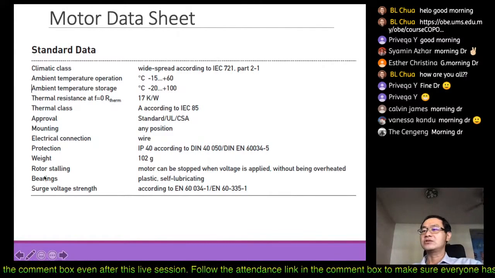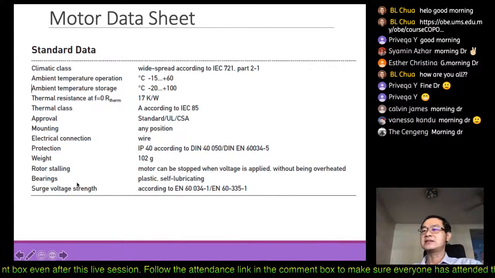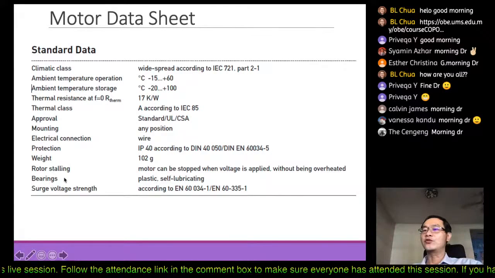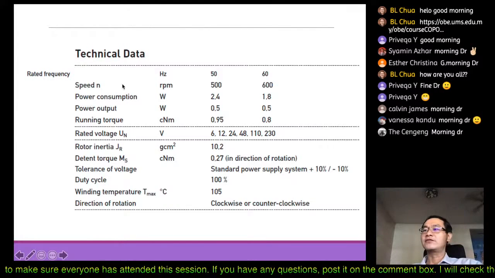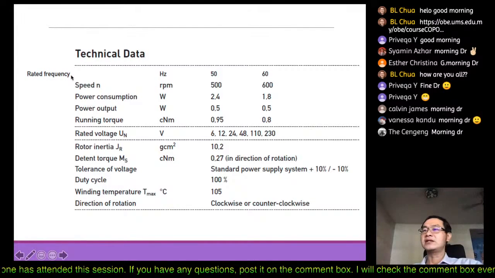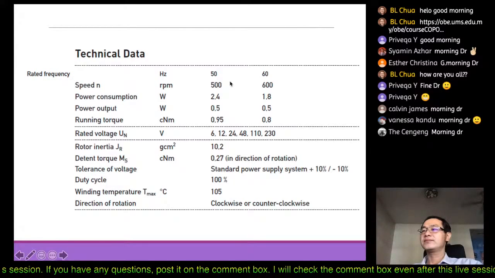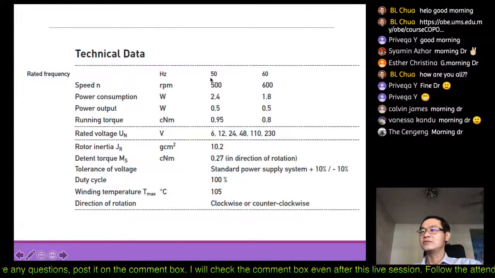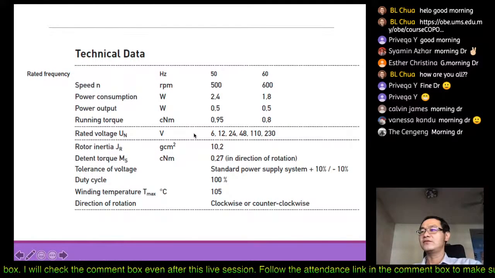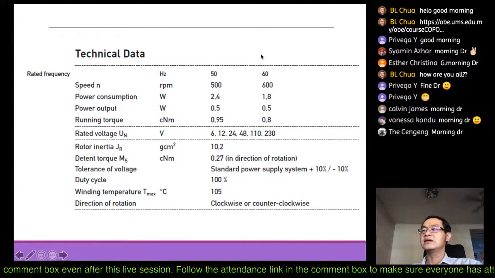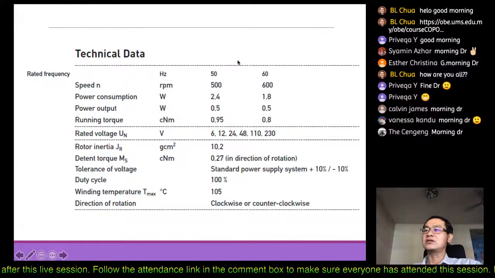You can see that inside there is a plastic self-lubricating bearing as well. Then the technical part would be the rated frequency. At the rated frequency, in Malaysia it is 50 Hertz, so we only consider this part. If you are in the US, it is 60 Hertz, then you consider that one.